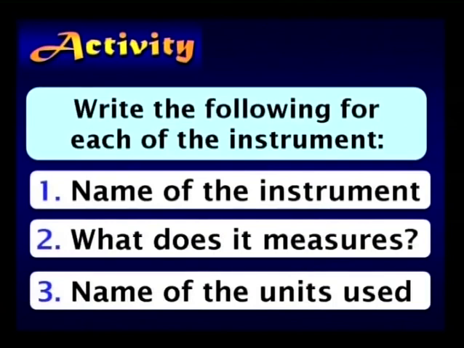Here in front of me I have some examples of the instruments which are represented in the picture. So the first one that we have here is, can someone tell me what this is? What these instruments are?